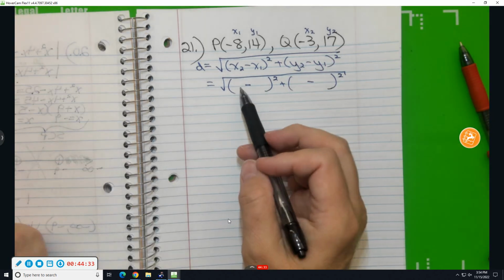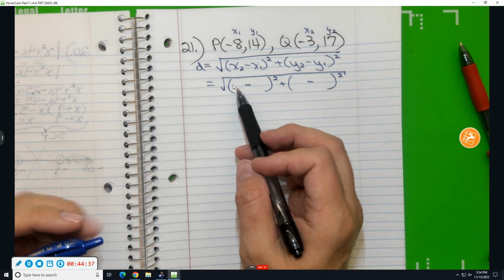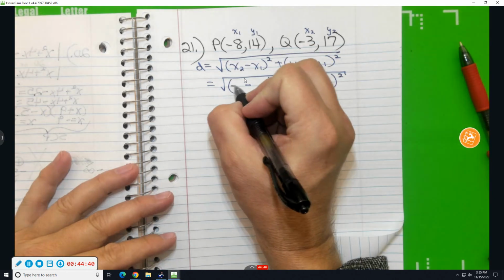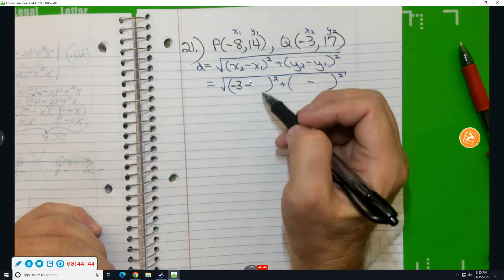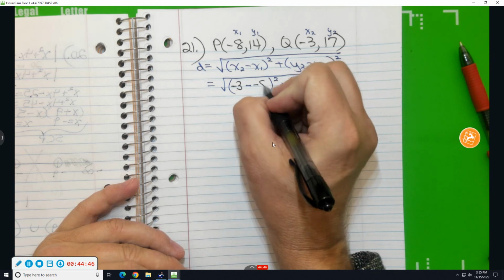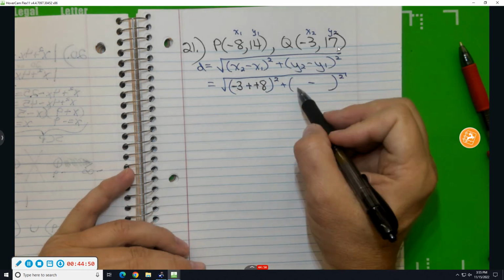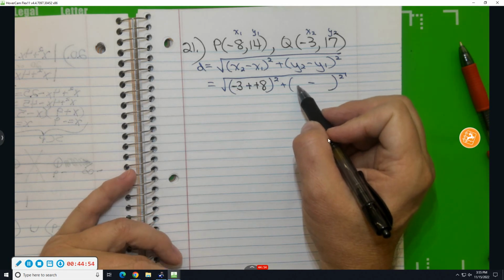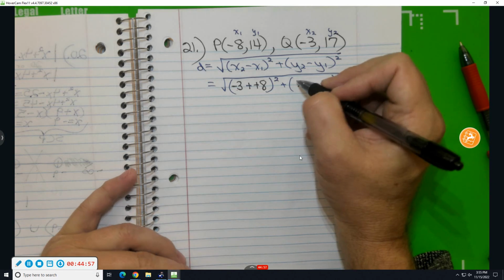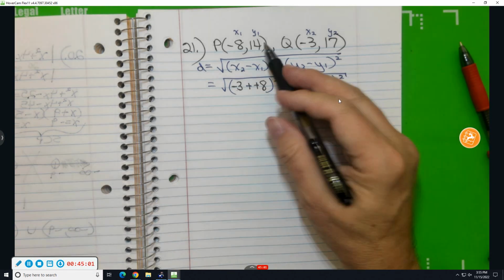Okay, x2, what's going to go here? Negative 3. x1, well, it's a minus a negative 8, and you're right, that's going to become positive. y2 here, 17, and here, 14.